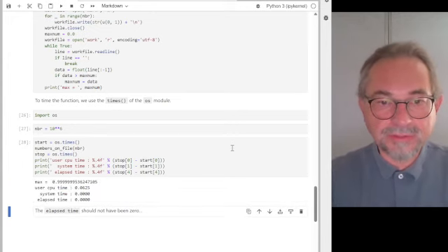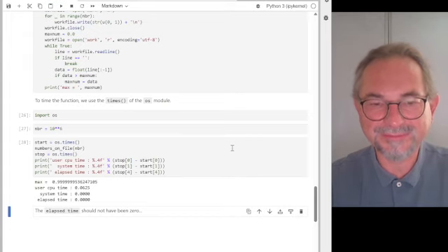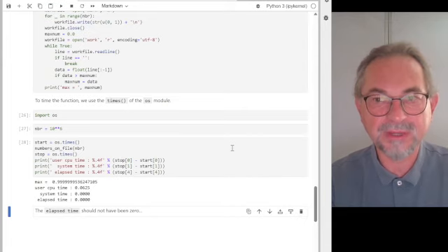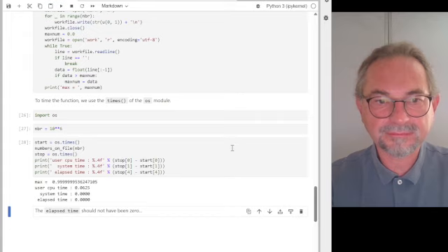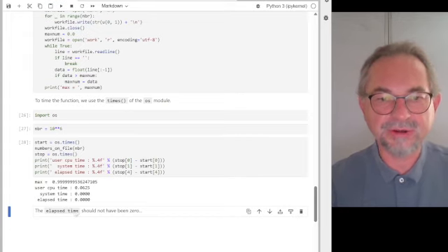I will run this and, oops, in both cases the system time, on a Windows computer, is still not reliable. It should not have been 0. Okay. How to fix this? Well, I can rerun it.